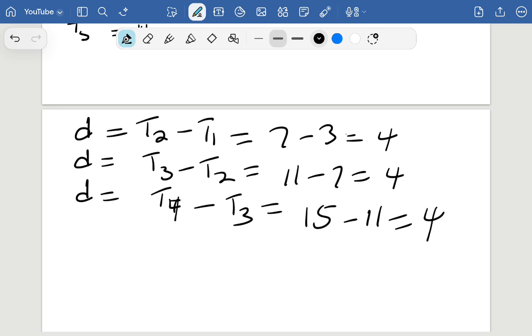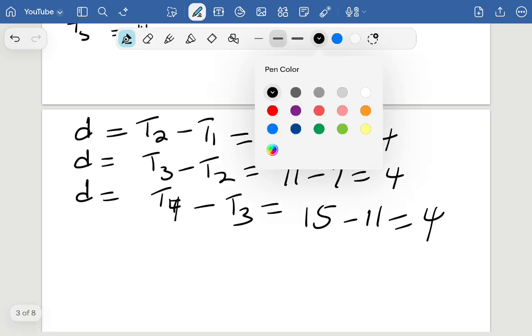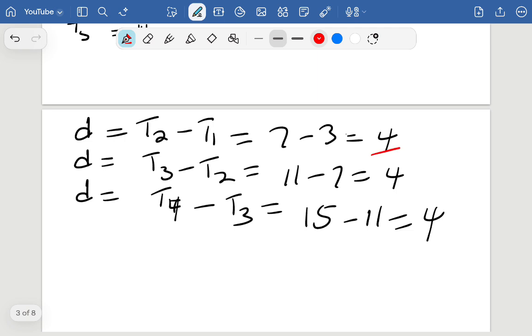So can you see that by doing so, you are getting the very same answer there, hence it's called a common difference. So it means you applied the formula correctly in terms of finding the common difference.